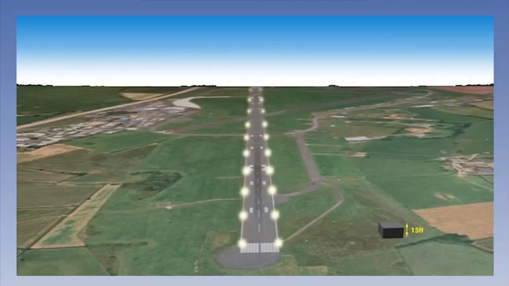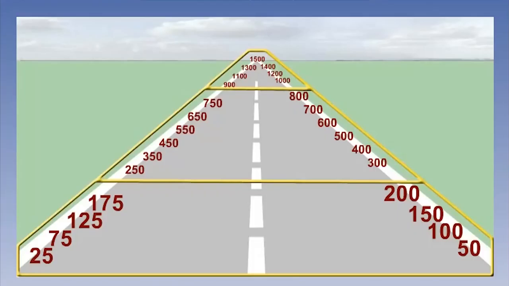Note, however, that RVR is reported for the touchdown zone only, and can be determined by placing an observer 76 meters from the centre line of the runway and counting the number of marker boards or lights in the appropriate direction.